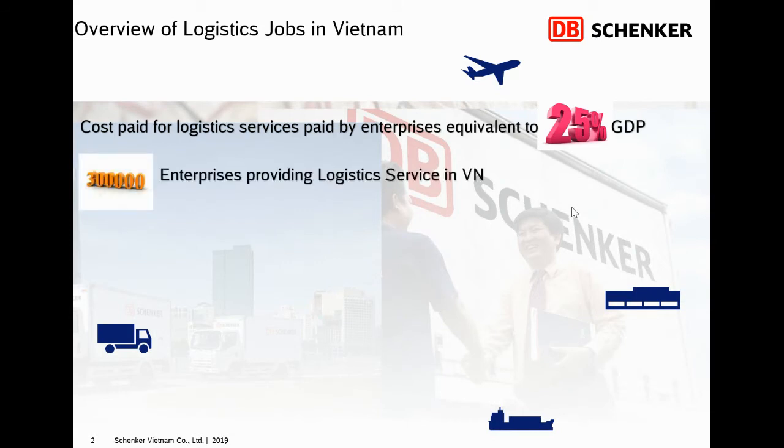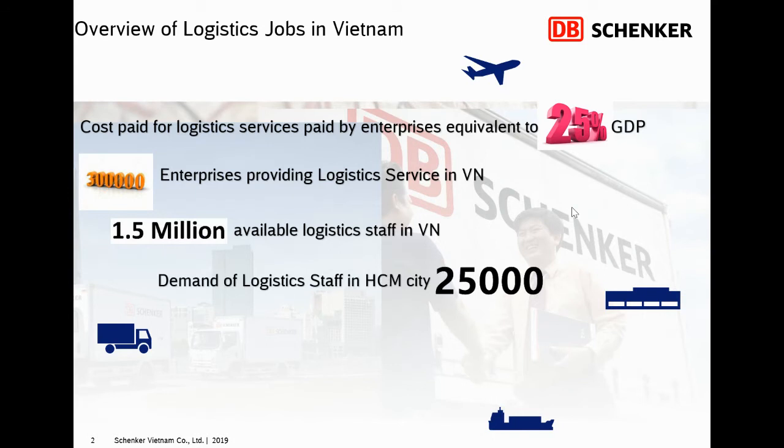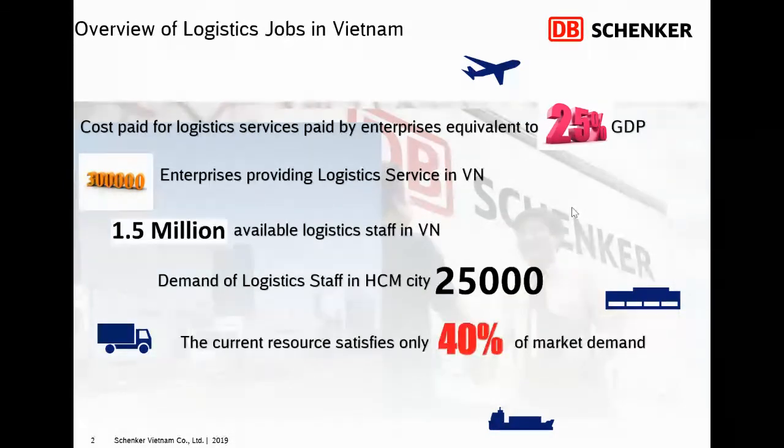In Vietnam, there are about 300,000 enterprises providing logistics service. However, we currently have only 1.5 million logistics staff for all these enterprises. According to another survey, the demand for logistics staff in Ho Chi Minh City is 25,000 staff. However, the current resource satisfies only 40% of the market demand.